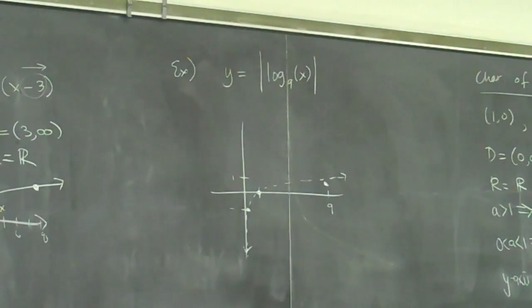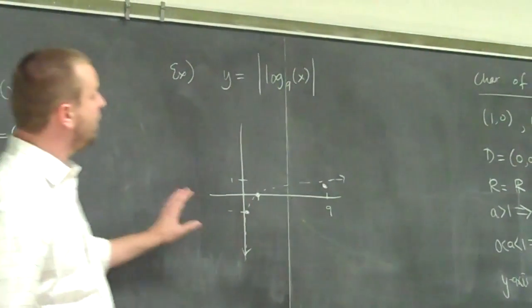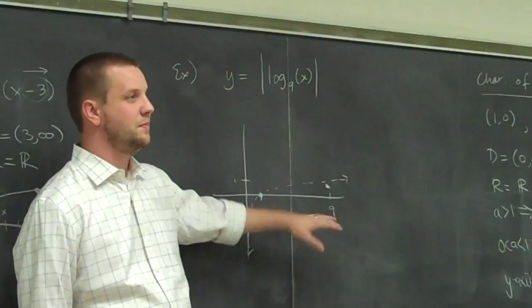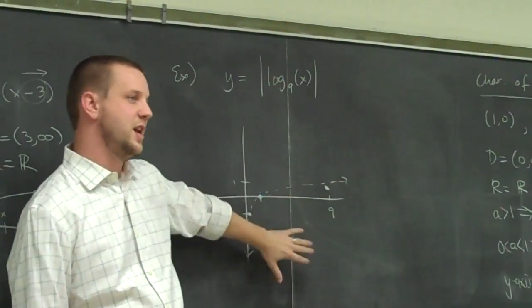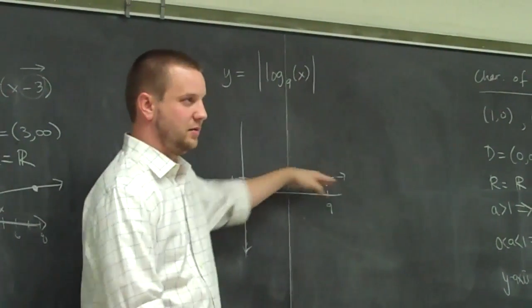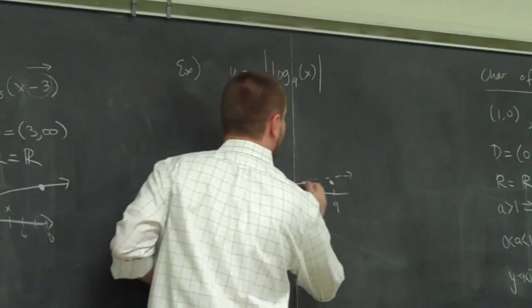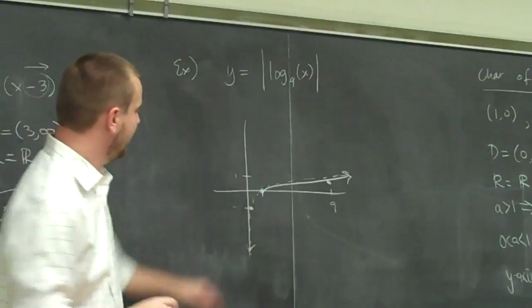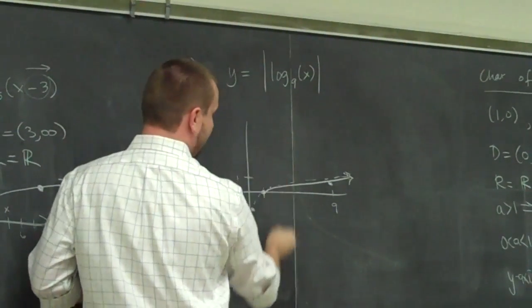But if I'm taking the absolute value of that, then any part of this function that's negative is going to become positive. It's going to take the negative part of this and reflect it up here. So this part stays like that. But this part down here, you're going to get the reflection over the x-axis.